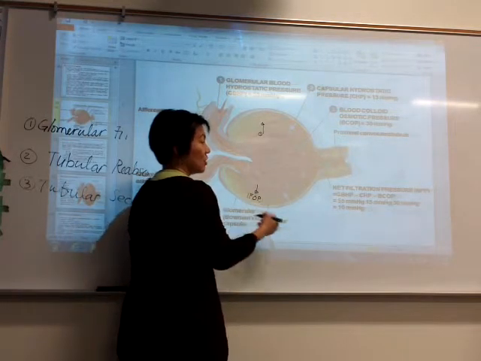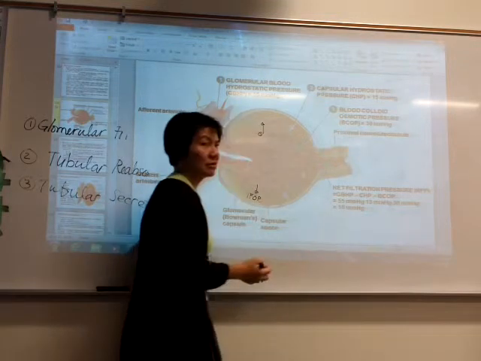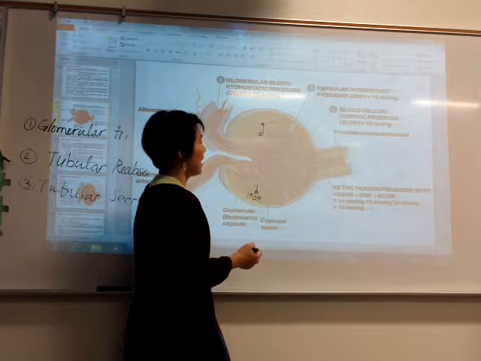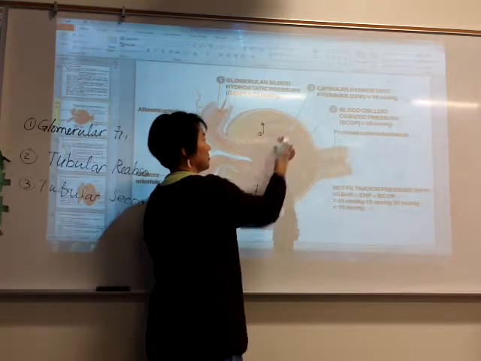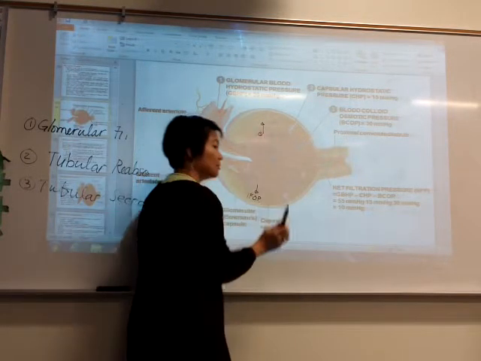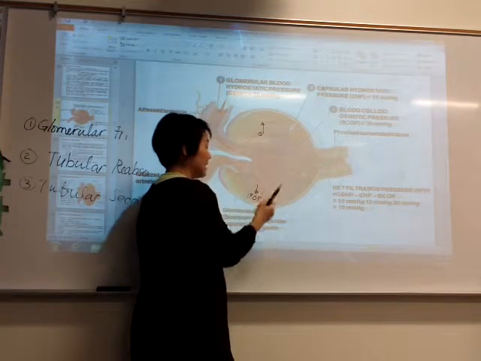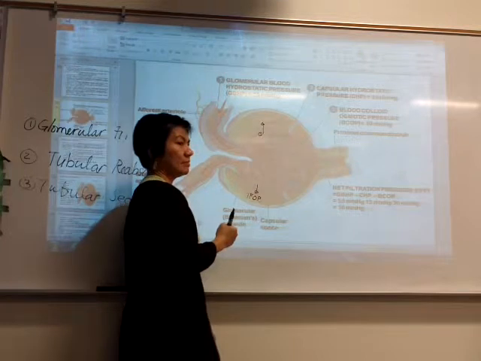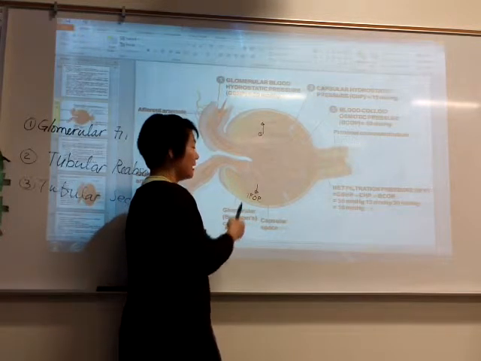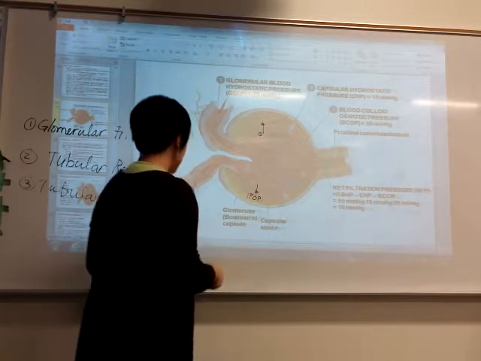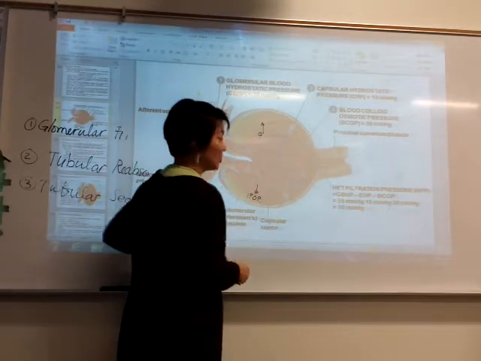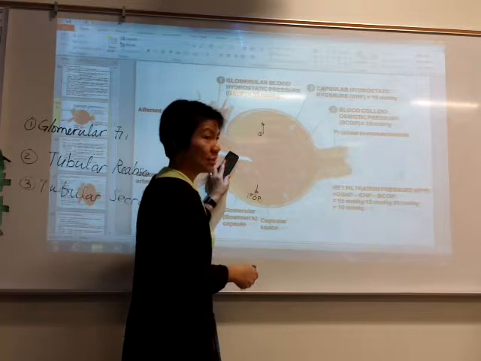Hydrostatic is pushing it out, and osmotic pressure is sucking it in. I know the reason why they didn't include that is because normally you shouldn't have proteins here. So that's why they didn't include this one.